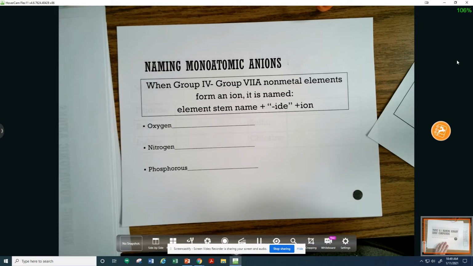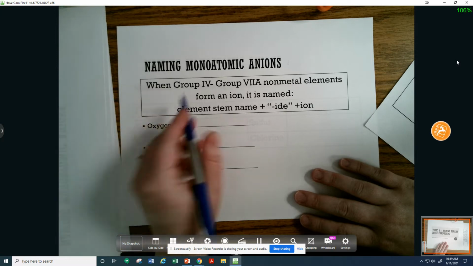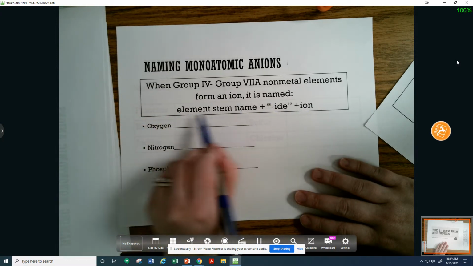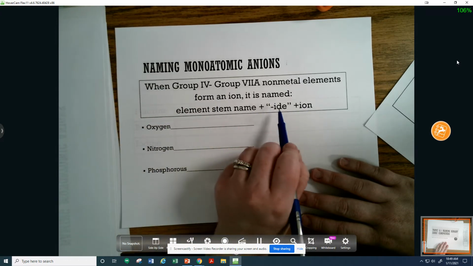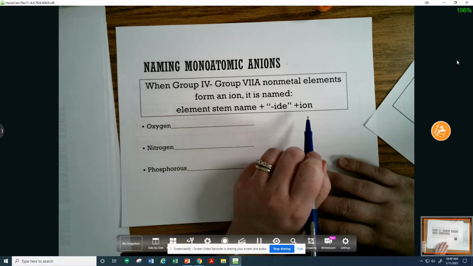It makes the system easier to change just the nonmetal name. So when we go to name them, we use the stem of the name, add a suffix, "ide," and then add the word ion.